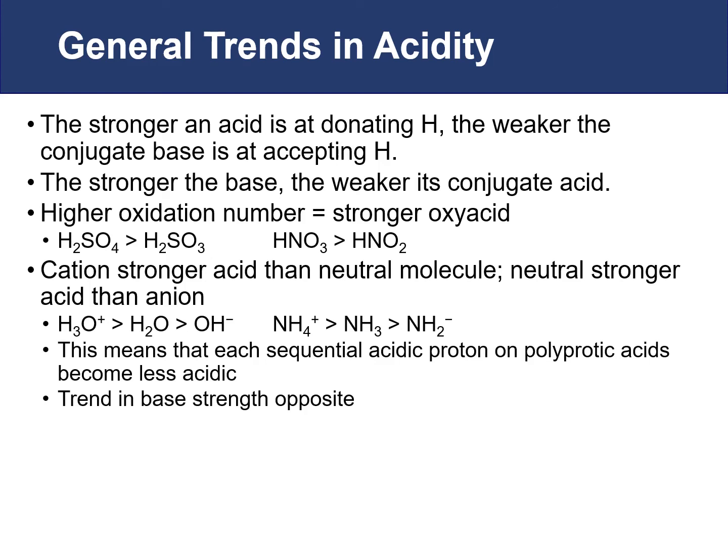But the hydronium ion, H3O+, can easily donate that extra proton to go to water. Water is less strong of an acid than the hydronium ion is, and the hydroxide ion is a very, very, very weak acid. In fact, it's not really acidic at all. Similarly, ammonium, NH4 plus, versus ammonia. The ammonium, NH4 plus, is a much stronger acid than NH3.